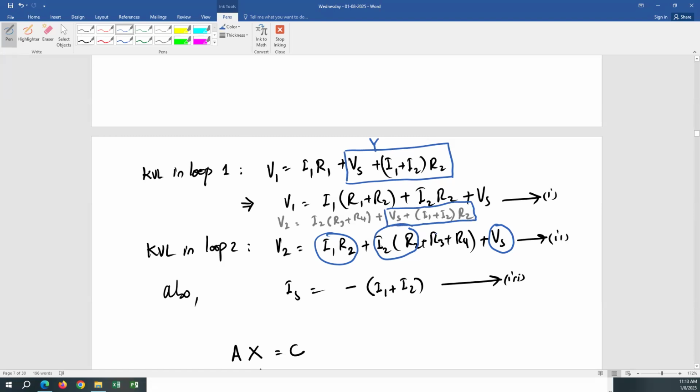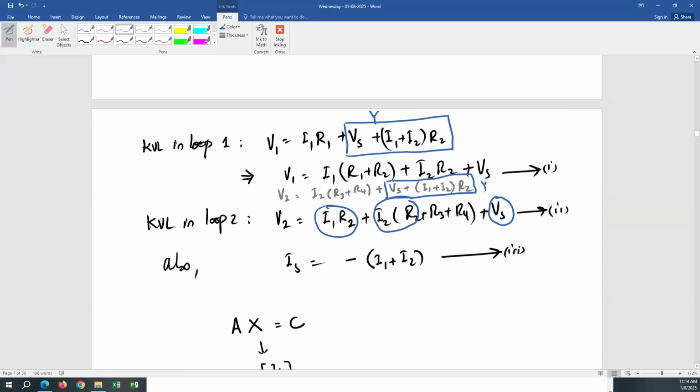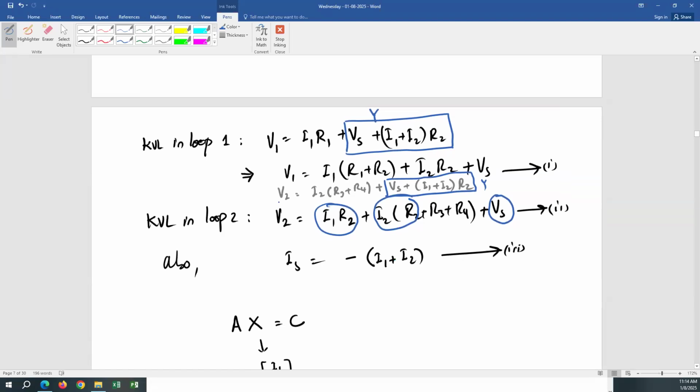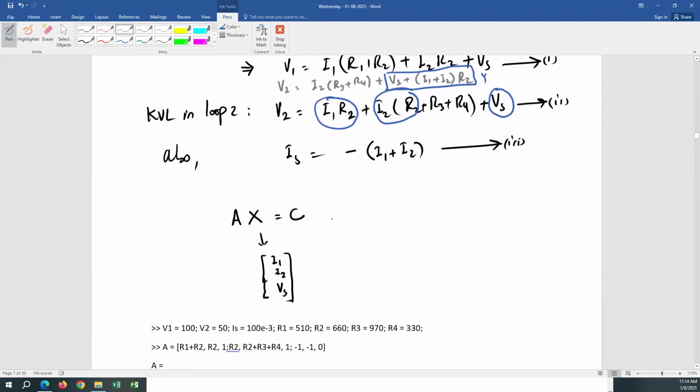I just rewrote this equation, and that is my y. So from the second equation, my y is V2 minus I2 times R3 plus R4.